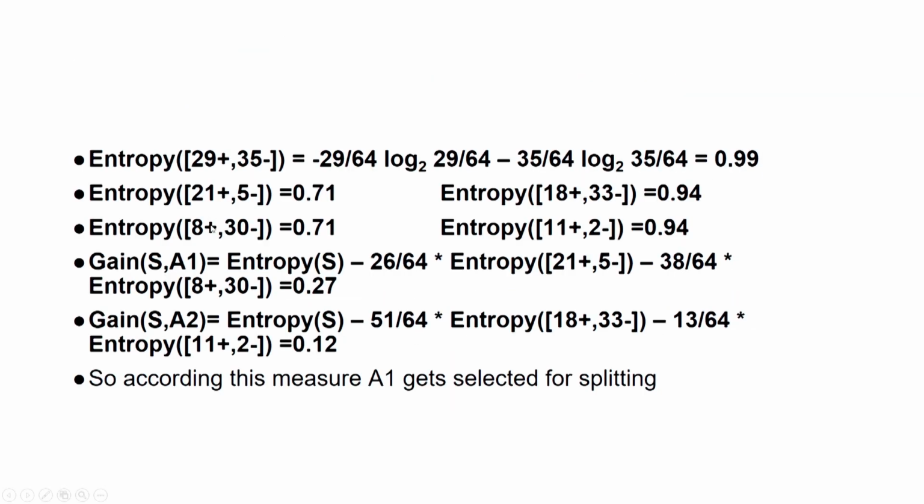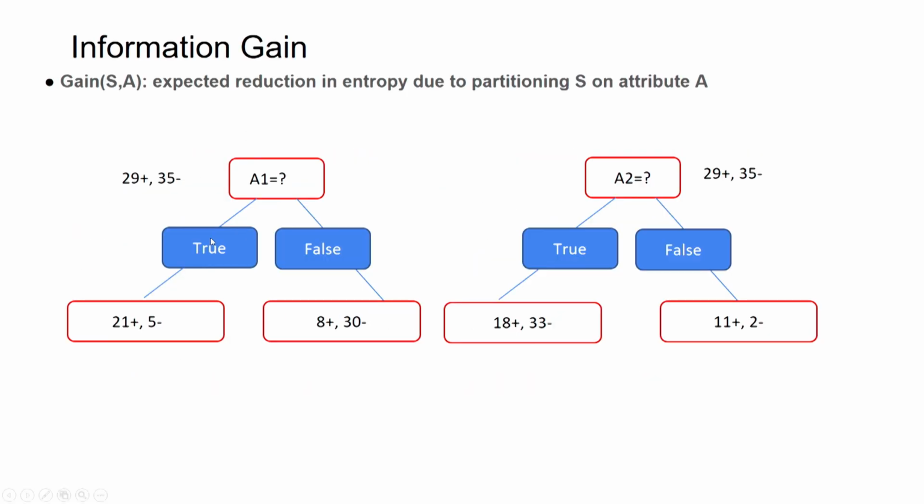We will first compute the entropy of this node, then the weighted entropy of the split, and subtract the weighted entropy from the entropy of this node. That will be the information gain.